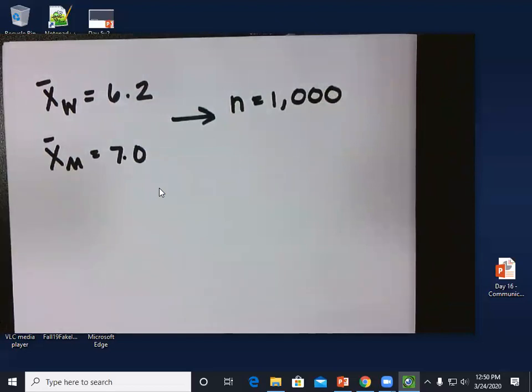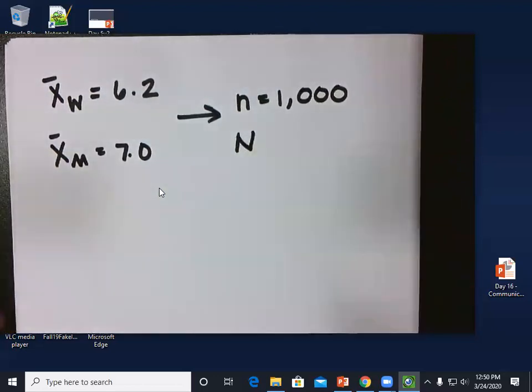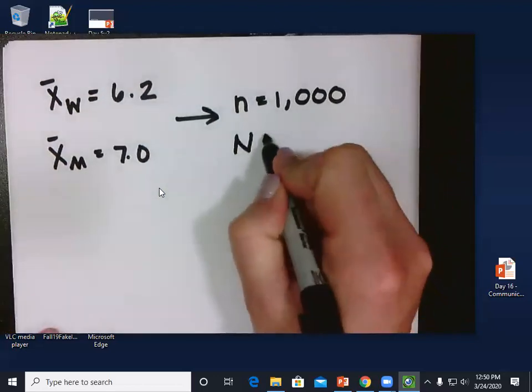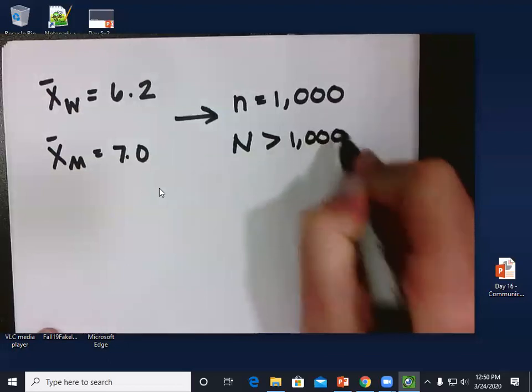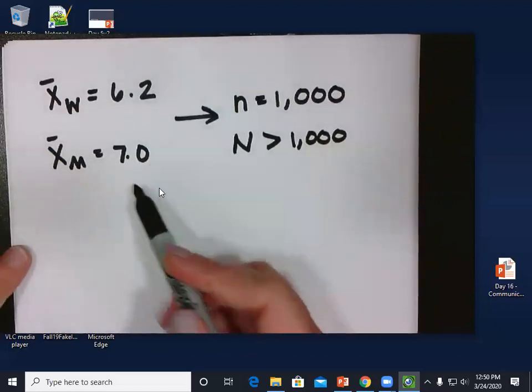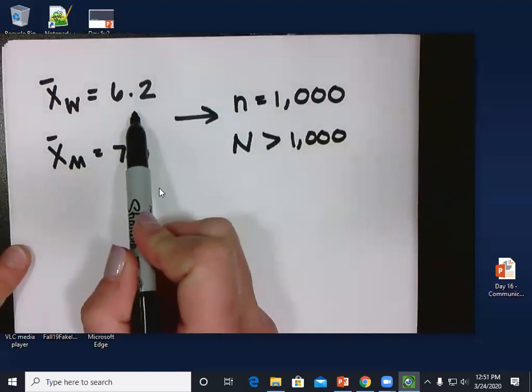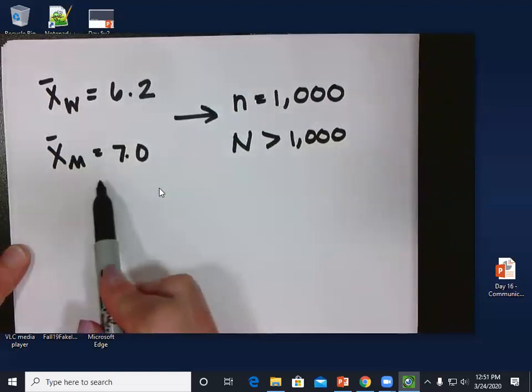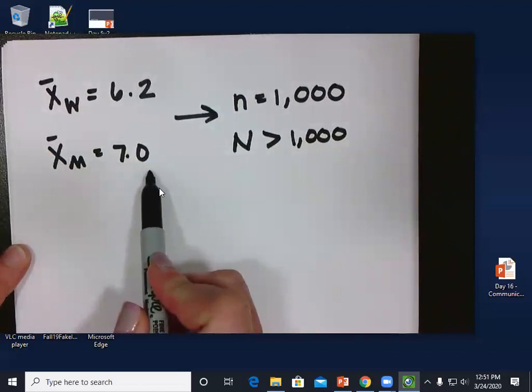So we have some population, which would be denoted with a capital N, and I don't know exactly what our population is, but it's some number greater than 1,000. We have a sample drawn that is some subset of our population. In that subset, the women on average are reporting a purchase intention of 6.2, and the men on average are reporting a purchase intention of 7.0.